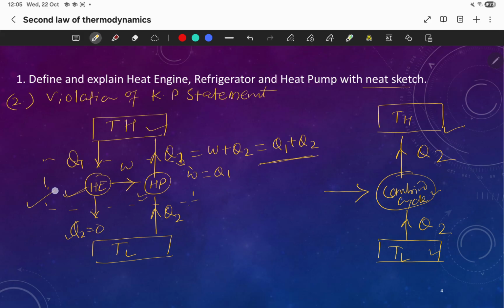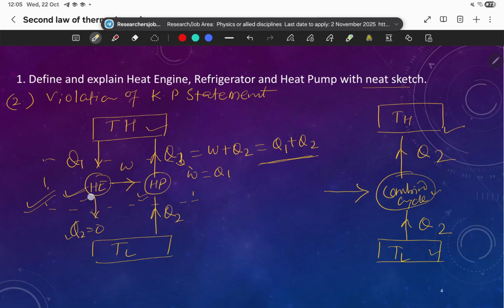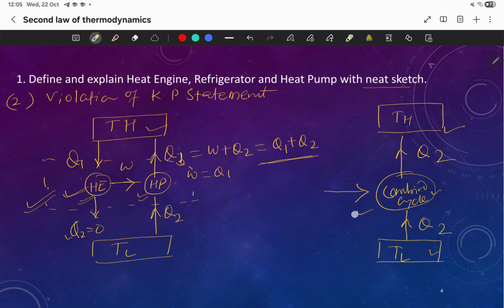We have seen that if the Kelvin-Planck statement is violated, we get a violation of the Clausius statement, with W equal to 0 and heat transferred from lower to higher temperature. So this is the equivalence of the Kelvin-Planck and Clausius statements. Let's go ahead.